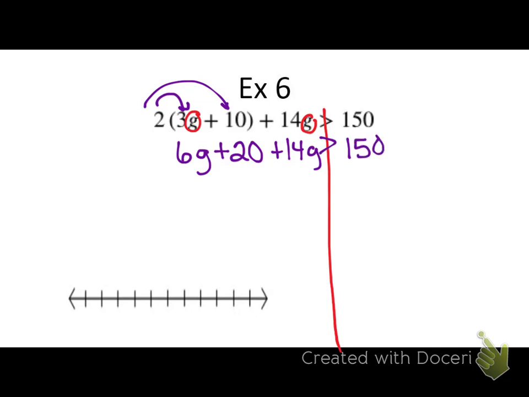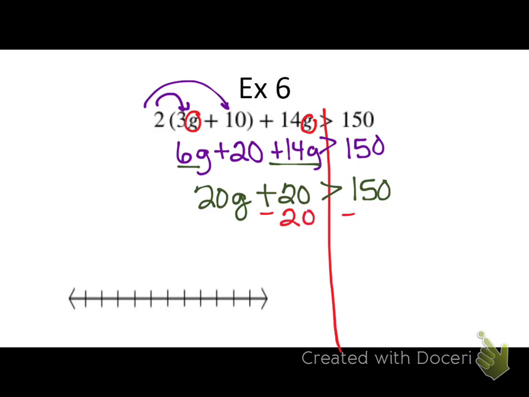Combine like terms, which is 6g and 14g. Okay? So 20g is greater than 130.